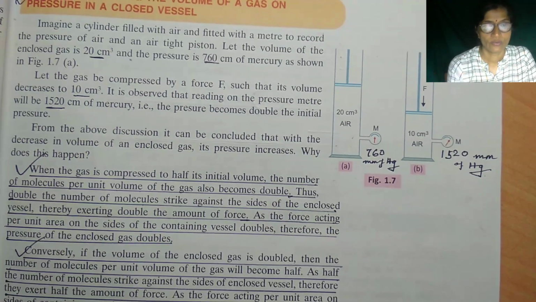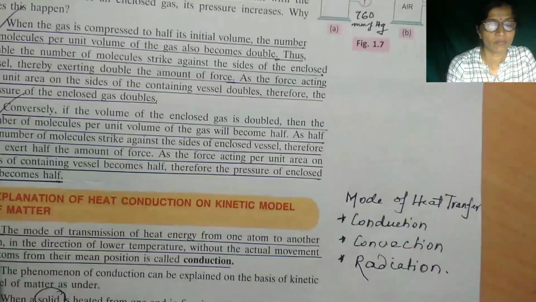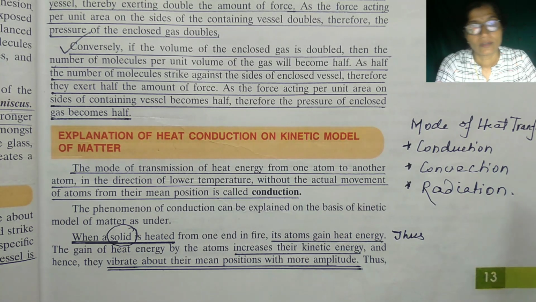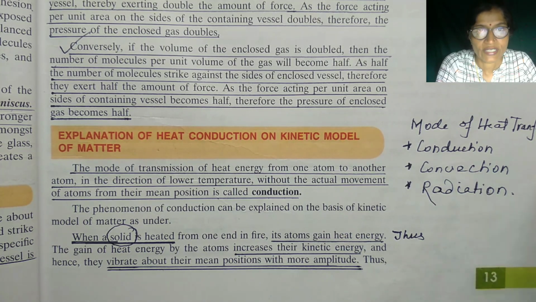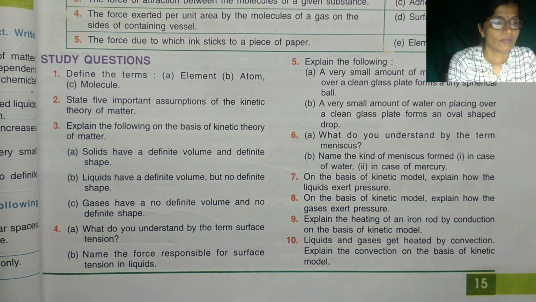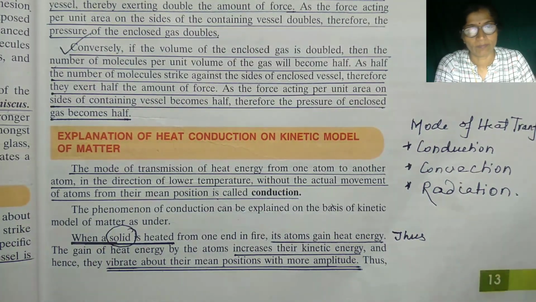Now next is the explanation of heat conduction on the kinetic model of matter. Now we will explain the modes of heat transfer, that is conduction and convection, by the kinetic model of matter.